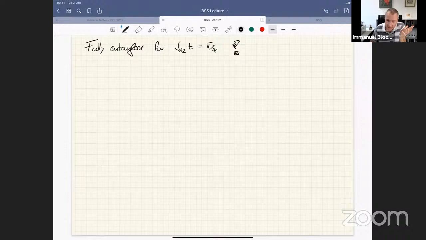So let's generalize this. Let's say we want to know how distant apart the spins are entangled at time t. We know at time t the condition for entanglement is that J12 times t is on the order of 1. This is our pi/4, let's say this is just 1.